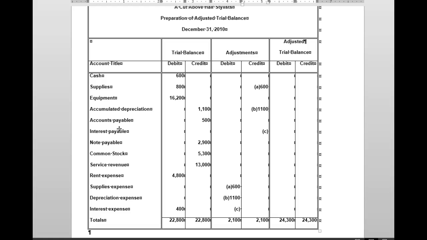It's not even recorded anywhere, other than I know I owe that because of the way the contract's written up. So I have to, number 1, show it as an expense, $400, so I create that, and I'm going to create an interest payable that shows that liability. And those are all of my adjustments. Whoops, I got that inside there. That might be somewhat confusing.